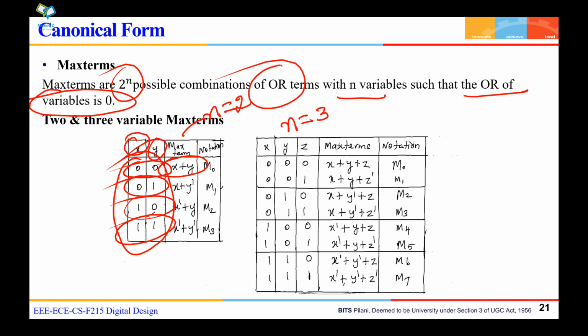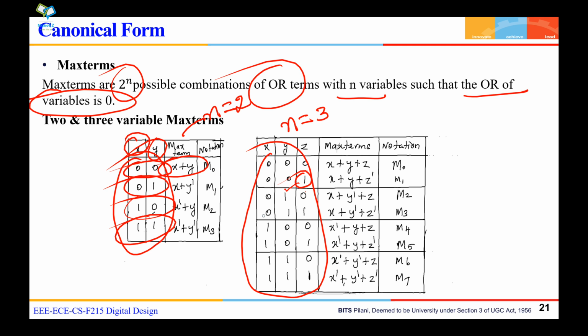For 3 variables, first write all 8 binary combinations which you can write for 3 bits or 3 variables. Now 0 0 0 will be x plus y plus z, and 0 0 1 will be x plus y plus z bar. Wherever there is a one, put the complemented variable. 0 1 0 is x plus y bar plus z.